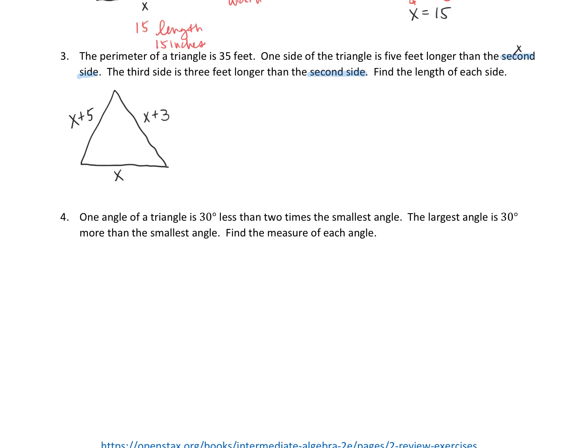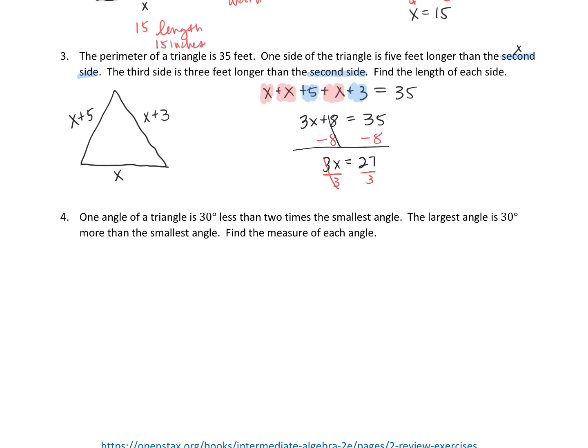So again, the perimeter is just adding up all the side lengths. So x plus 5, and x plus 3 added together and set equal to 35. We're going to find our like terms. So we have 3 x's, and we have 5 plus 3 is 8. So that'll give us 3x plus 8 equals 35. Subtract 8 from both sides. So 35 minus 8 is 27. So we'll have 3x equals 27.